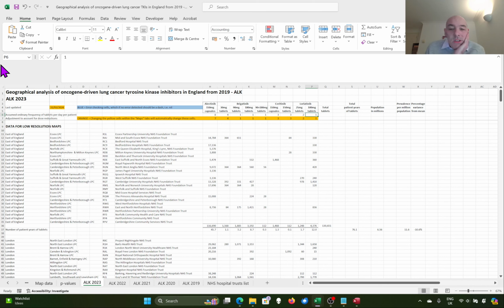Lorlatinib, as I said, the 100 milligram is the maximum. 25 milligram is one of the fractional. Quite often people, from what I understand, take a 3/4 dose. Unfortunately, lorlatinib commonly has neurocognitive effects, so dose reductions are not uncommon.